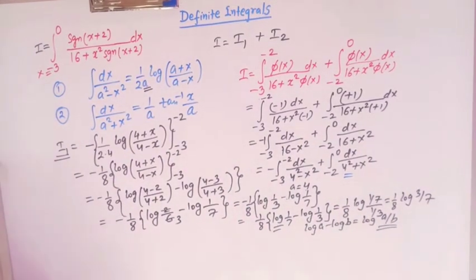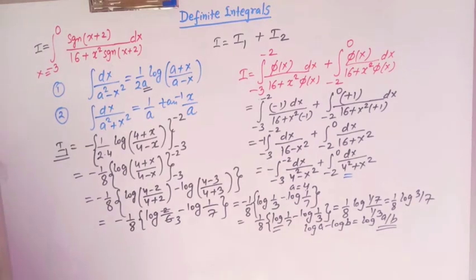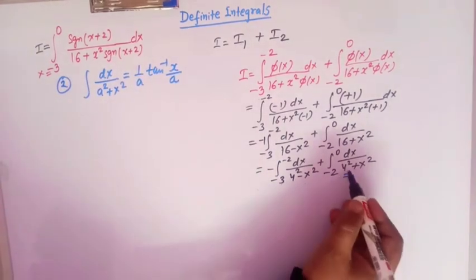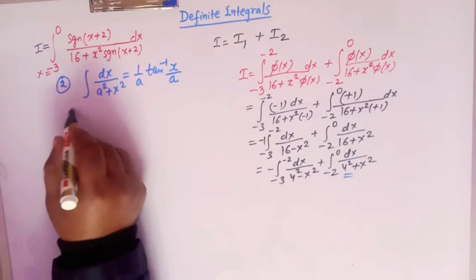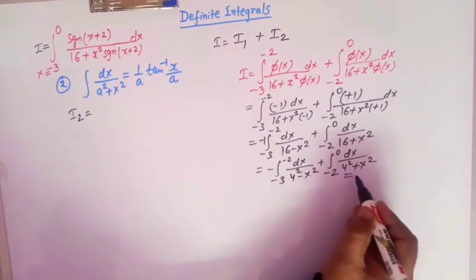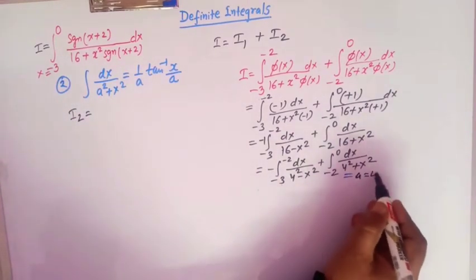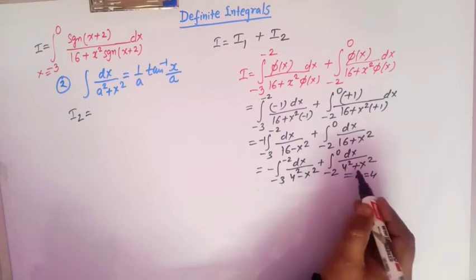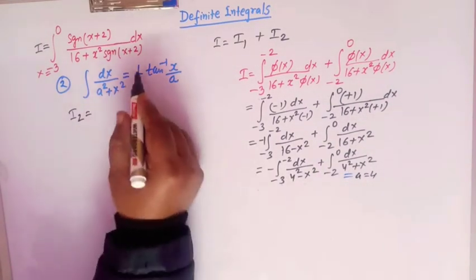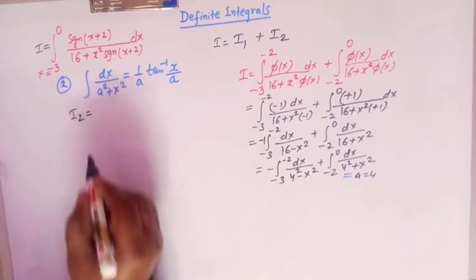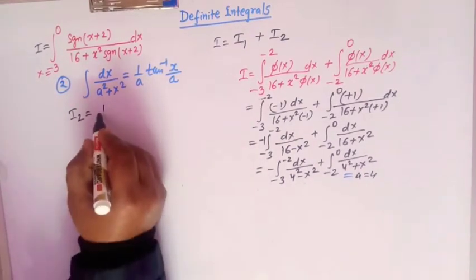Now let us calculate the value of the integral I2. Now I2 can be written as, see here the value of a is 4, and we have the a square plus x square form, so we have 1 over a tan inverse x over a, so we can write 1 over 4.